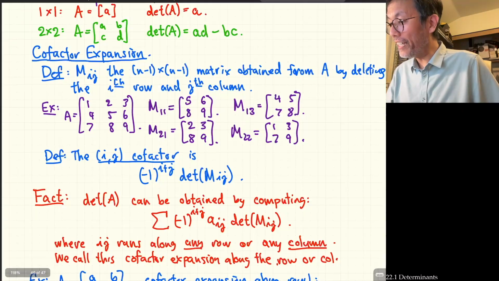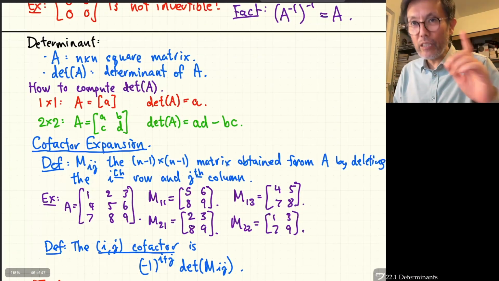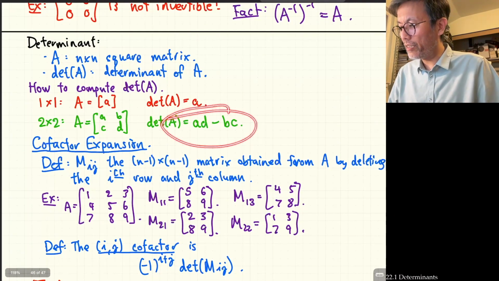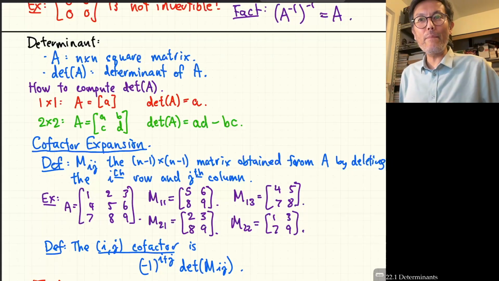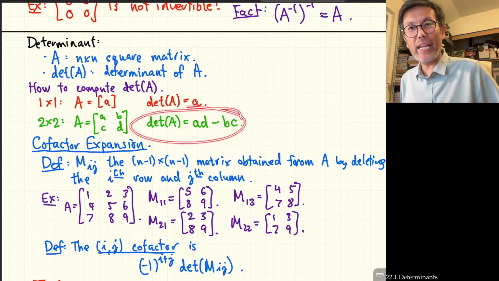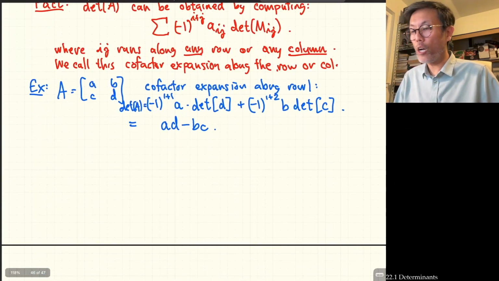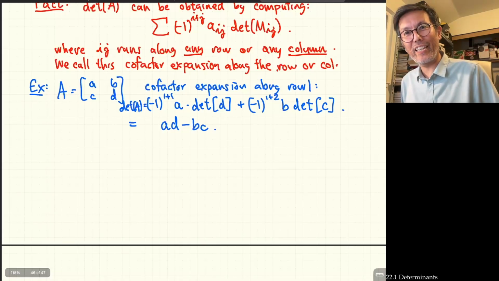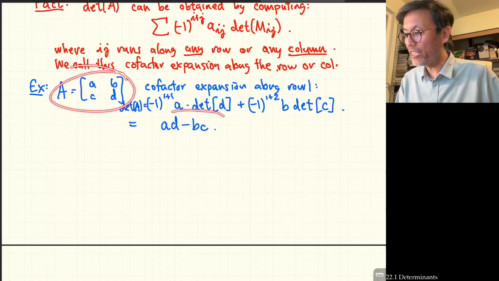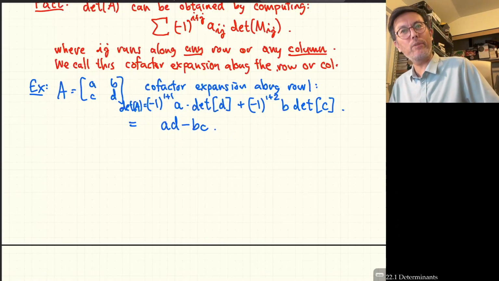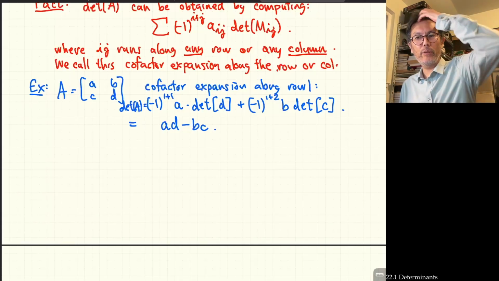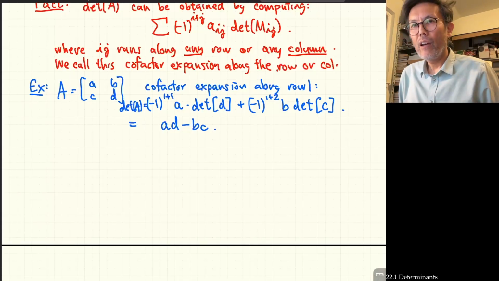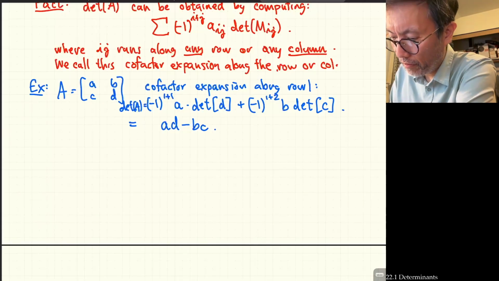Well, I am kind of making things up as I go along, but at least you see the consistency between claims I made earlier, like that the determinant of A is AD minus BC, and that cofactor expansion works. Because in the 2 by 2 case, you get the same answer, the same formula for the determinant of a 2 by 2. How does this work for a 3 by 3?